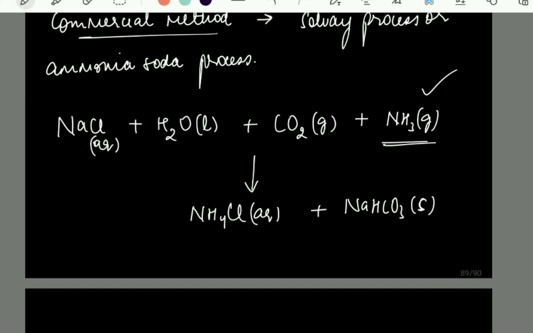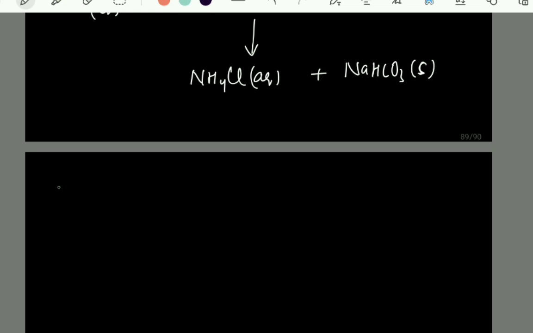So moving ahead, we got our sodium bicarbonate, baking soda. Obviously it is used in food items also. So when we use this during cooking, what is going to happen? Sodium bicarbonate can decompose.